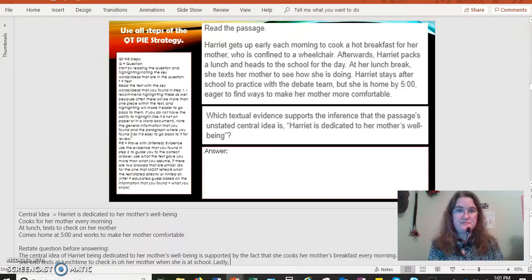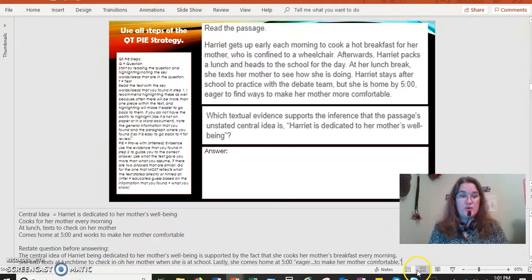Lastly, she comes home at 5, eager, note how I'm quoting it, "eager to make her mother comfortable," end quote.